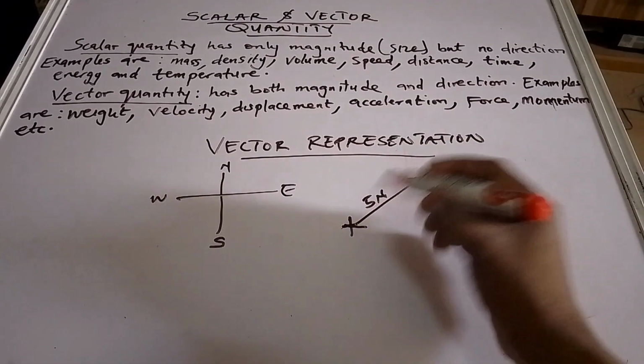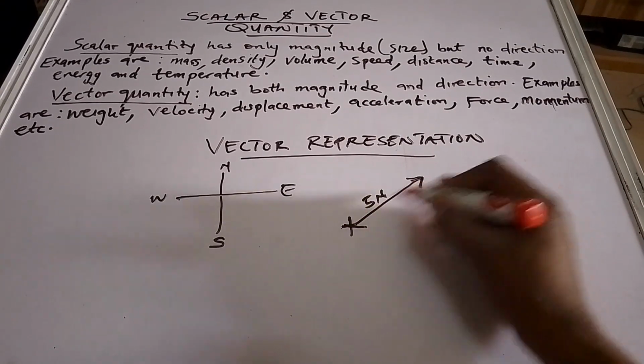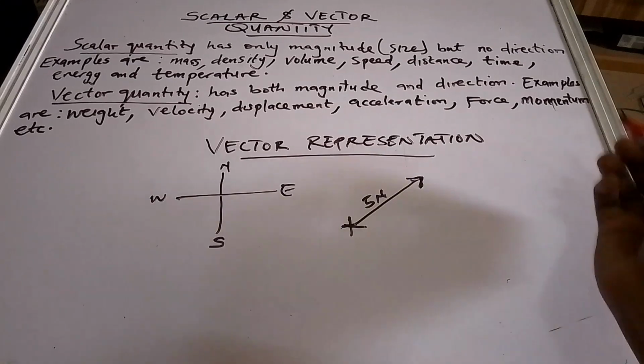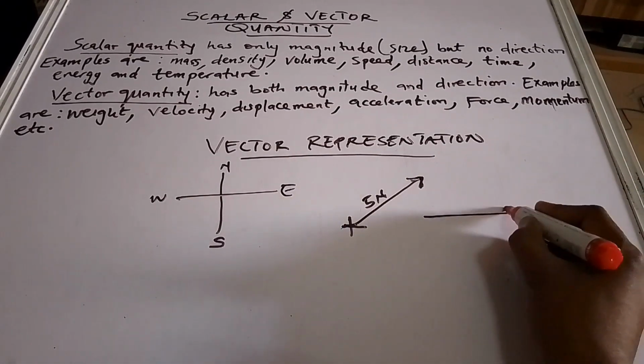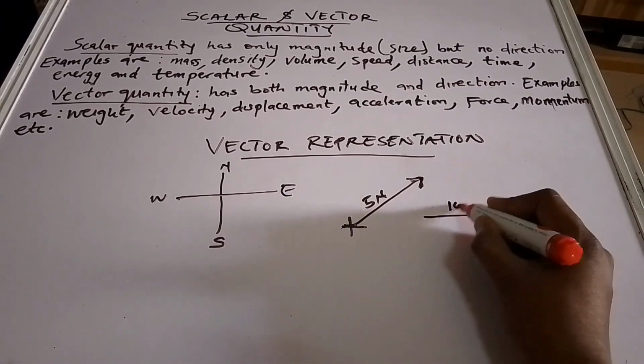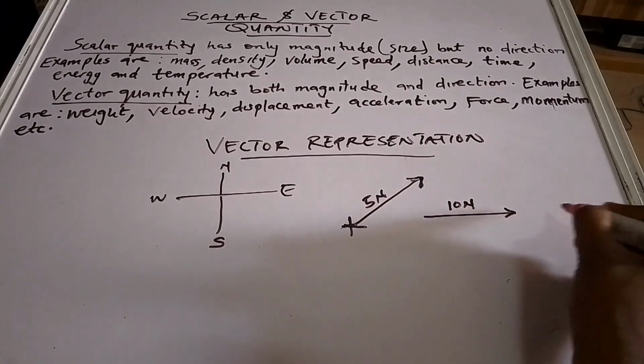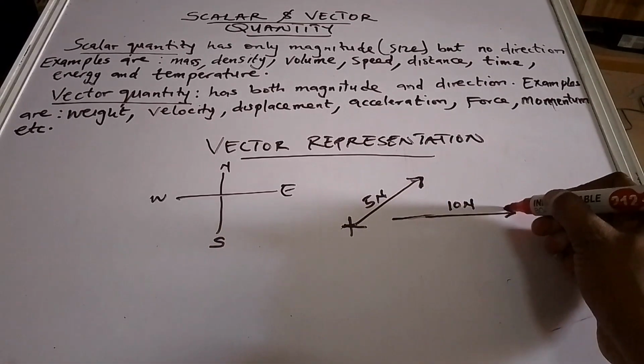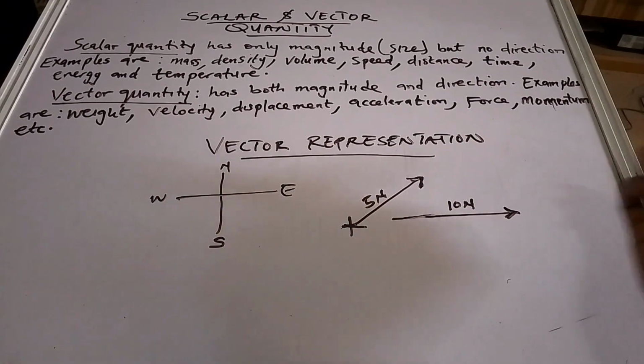So we can use a line to indicate the magnitude, and we use the arrow end to indicate the direction. So a force can move in this direction, and we call the magnitude 10 Newton, that is if it moves towards the east. So the magnitude is represented by the line, and the arrow end indicates the direction. So that's how we represent a vector quantity.